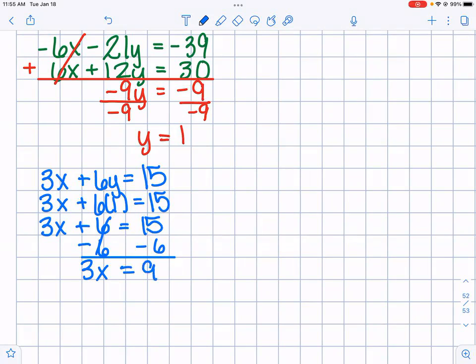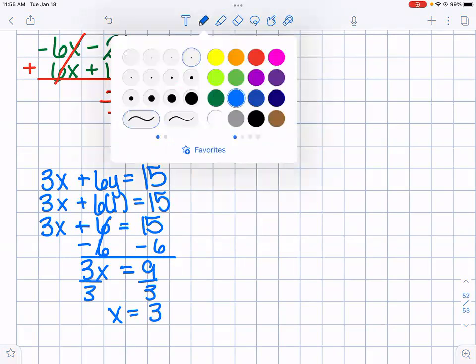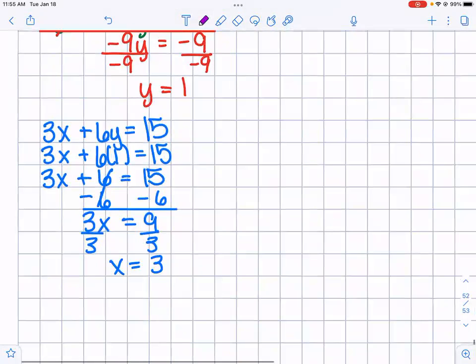All right. Then divide by 3. And 9 divided by 3 is 3. And the point is 3, 1. x always goes first.